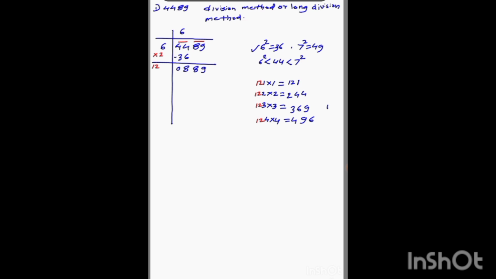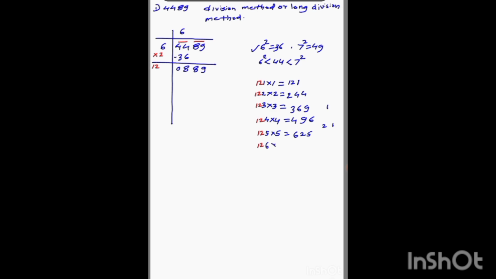Whoever found this method is a very intelligent person. This is a very nice method to find the square root of any four-digit number, and we can find it without any error. 125 into 5 is 625. Then 126 into 6.